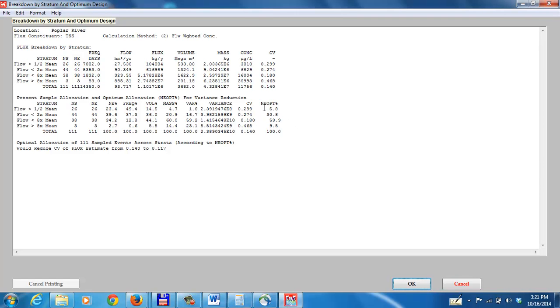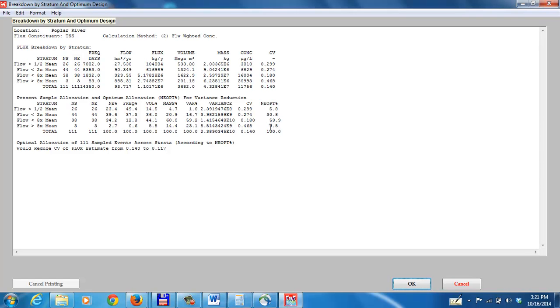And the way in which they should be arranged is this way. So 5.8% of the values or samples should be from the very lowest flow instead of 23%. Almost 31% should be in the second strata instead of 39.6%. The next one should be more heavily weighted, 53.9% versus 38% originally.